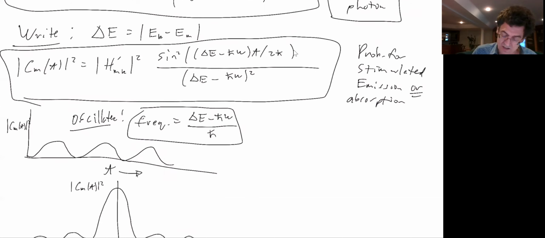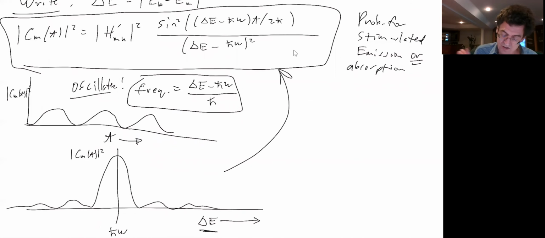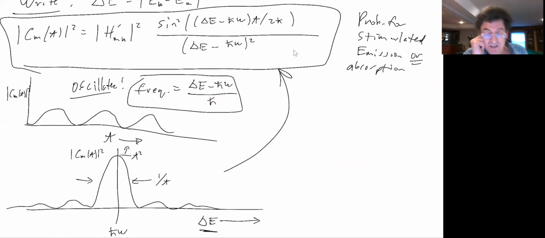And we have the same behavior. We see that it gets narrower as a function of 1 over time, and this part rises as t squared, for the same reasons as before, because it has the same functional behavior as that last expression that we derived.